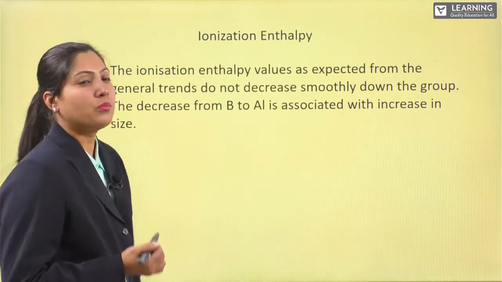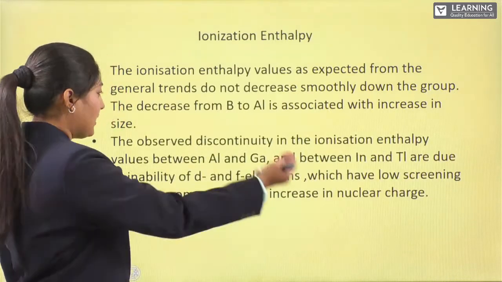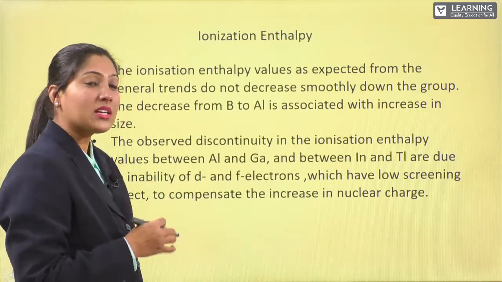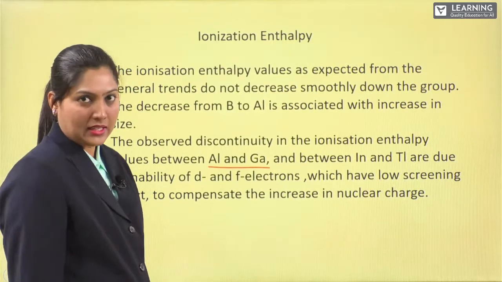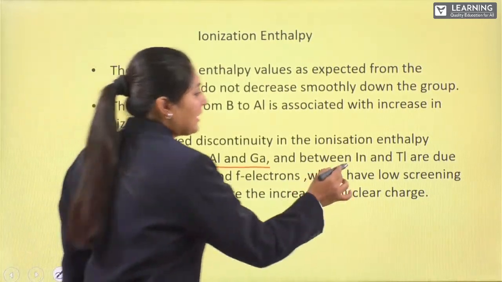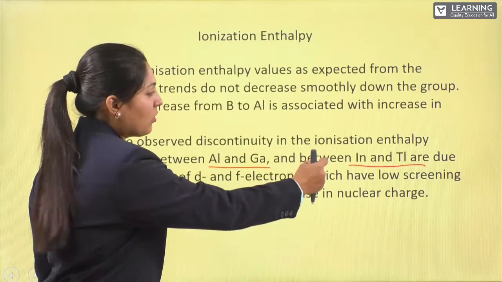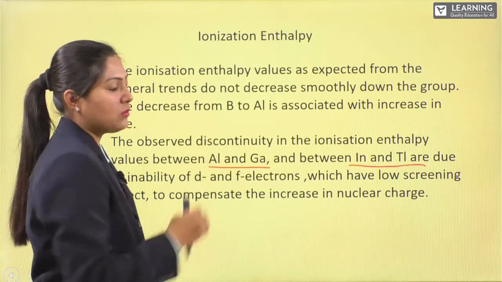So the decrease from boron to aluminium is associated with the increase in size, and the observed discontinuity in the ionization enthalpy values between aluminium and gallium and between indium and thallium. Why? Because here 14 electrons will be exactly more from indium to thallium.